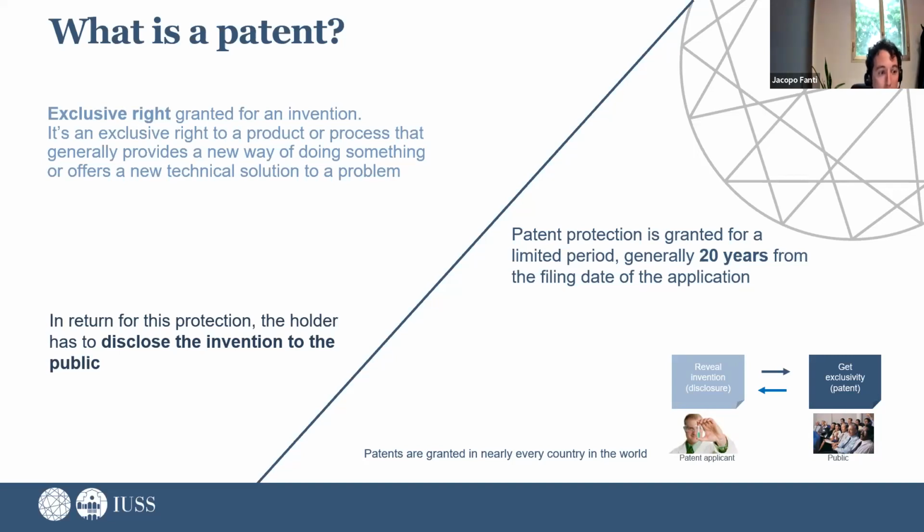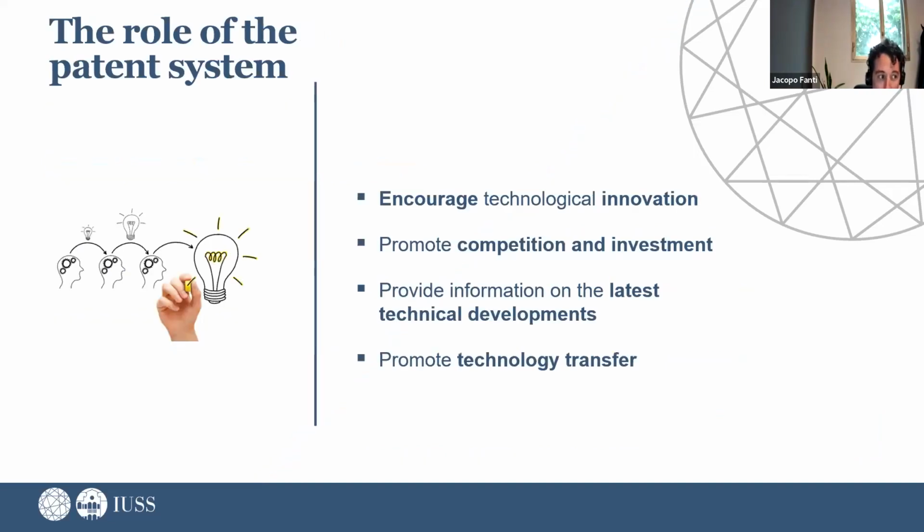You can be the only one that can produce or sell the product, but in order to exploit your invention, you have to disclose to the public so others can build on that knowledge and develop maybe new products or services or processes. So this is a sort of contract between the holder of the patent, the applicant, and the society. The society can grow thanks to the fact that you disclose your information to others.